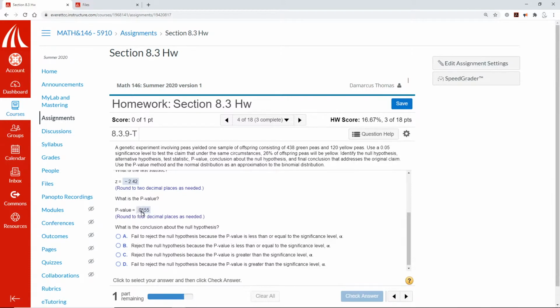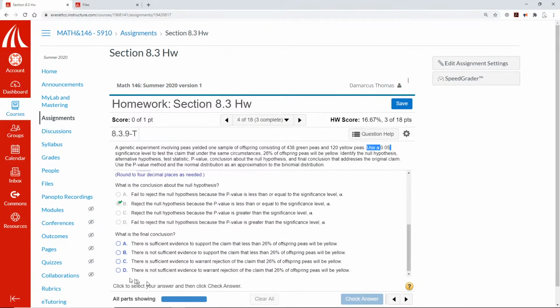Well, let's compare it to alpha, the significance level. Because the significance level is 0.05 and our p-value is 0.01, this is good. This means we actually have a conclusion. We get to reject the null now, because the p-value is less than the significance level.